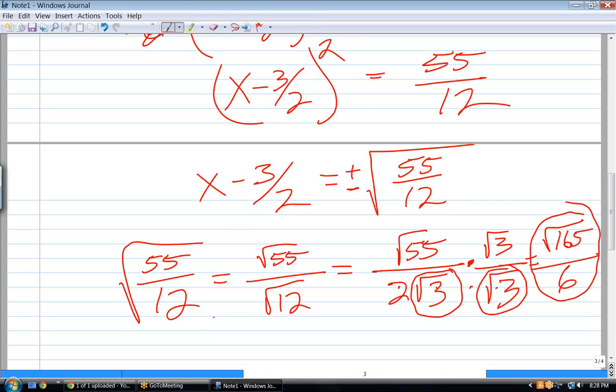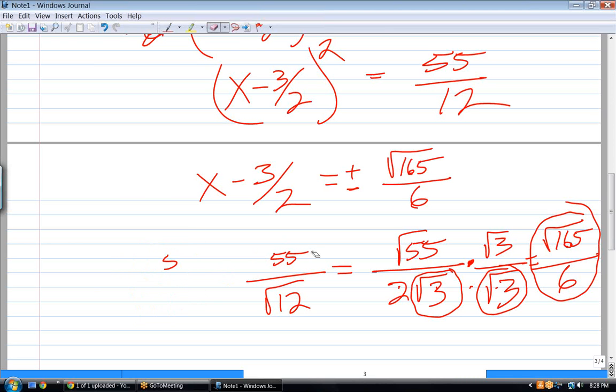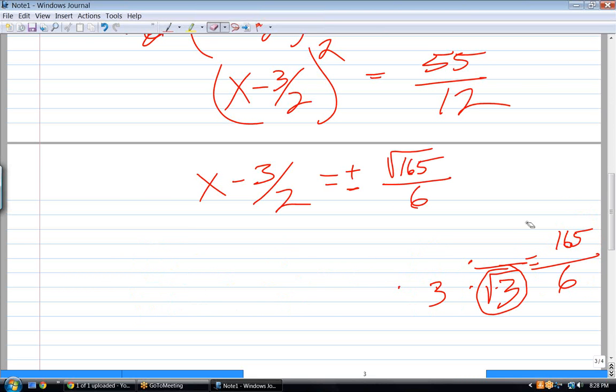So now I have x minus 3 halves equals, let me erase this, square root of 165 over 6. And now what?